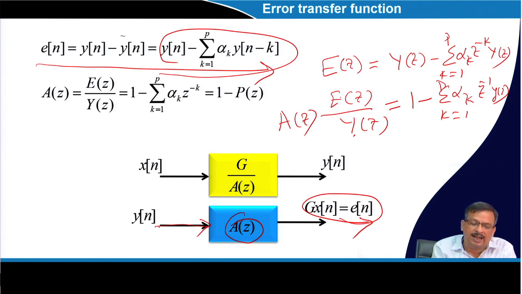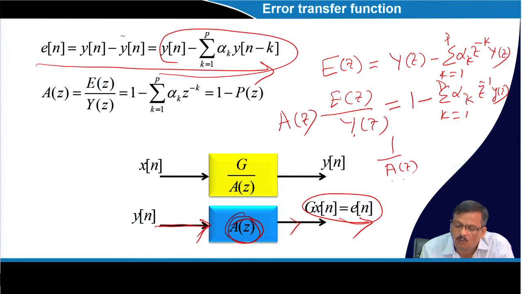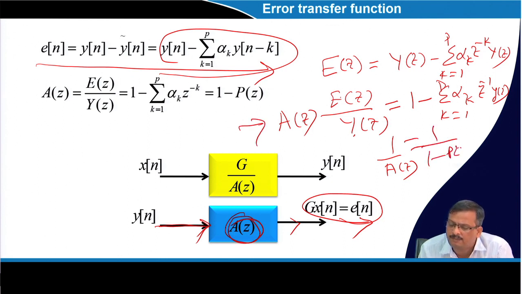So if I apply a signal and A z is my error estimator transfer function, then the output is my error. Now what is 1 by A z? 1 by A z is nothing but Y z by E z. 1 by A z is nothing but the inverse of A z, which is 1 by 1 minus P z.